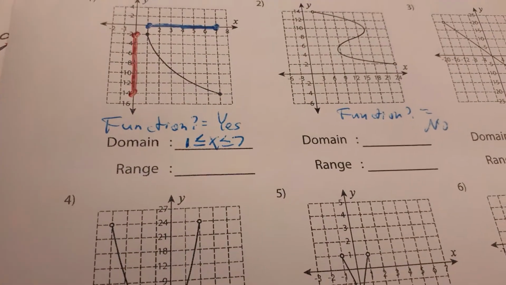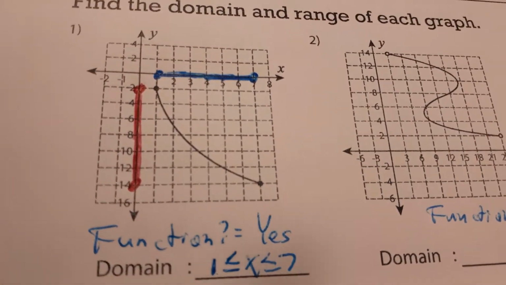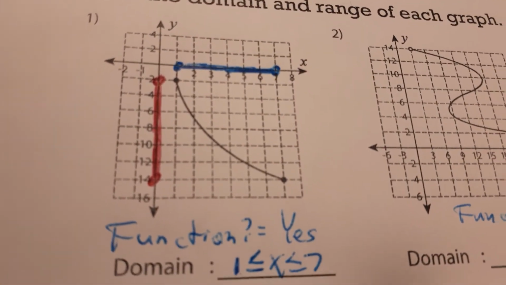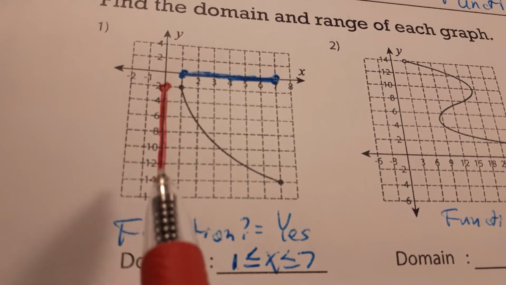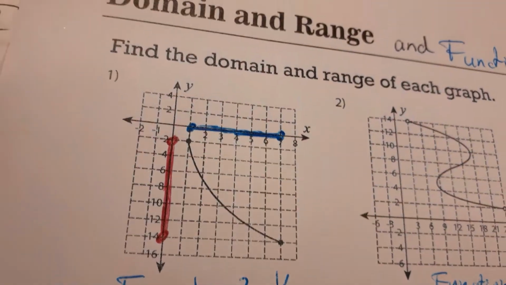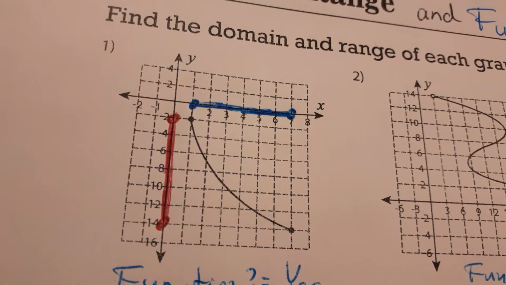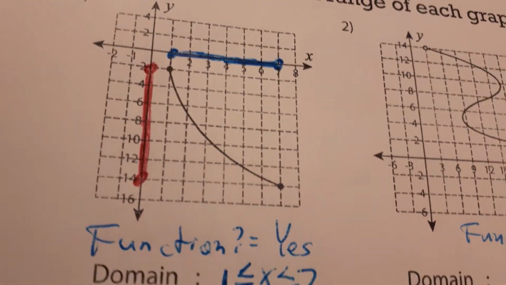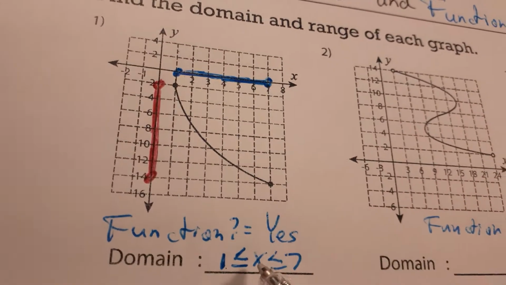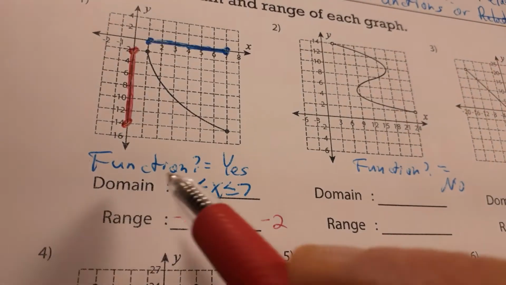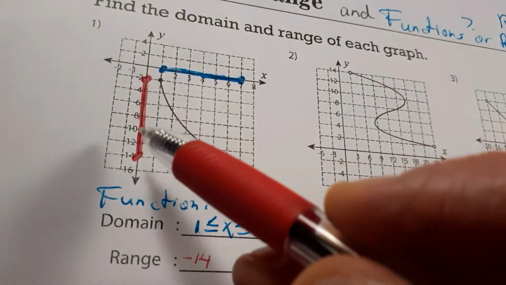Okay, so I'm going to put this in red. The lowest number is -14. Our highest number is -2. So we're going to put -14 and -2 on the outside. We're going to put not an x, but a y, because this has to do with the y values.